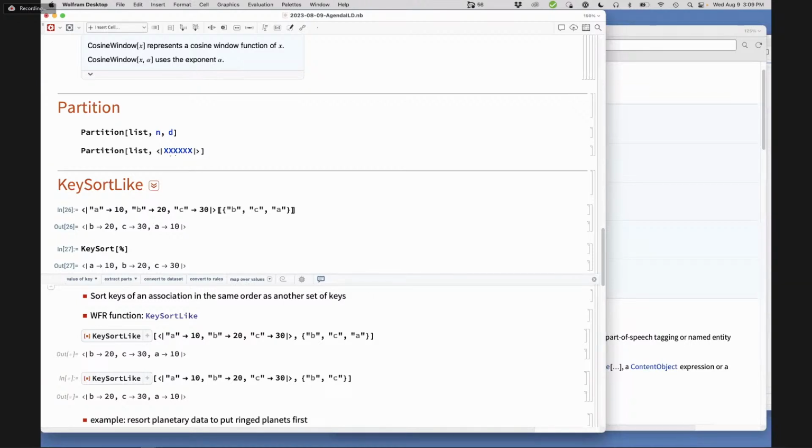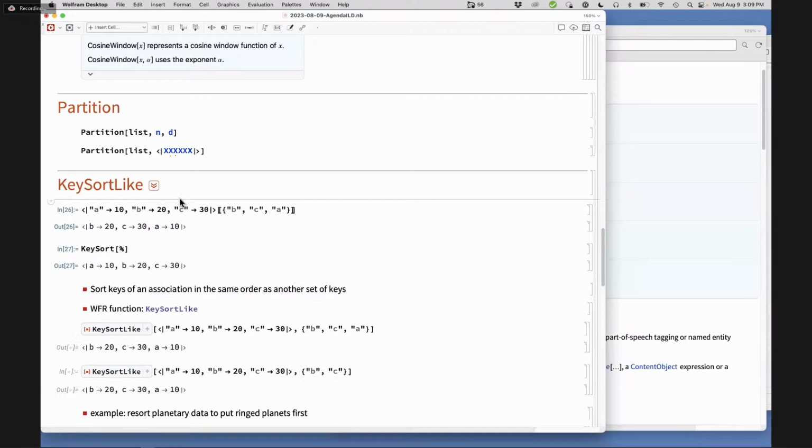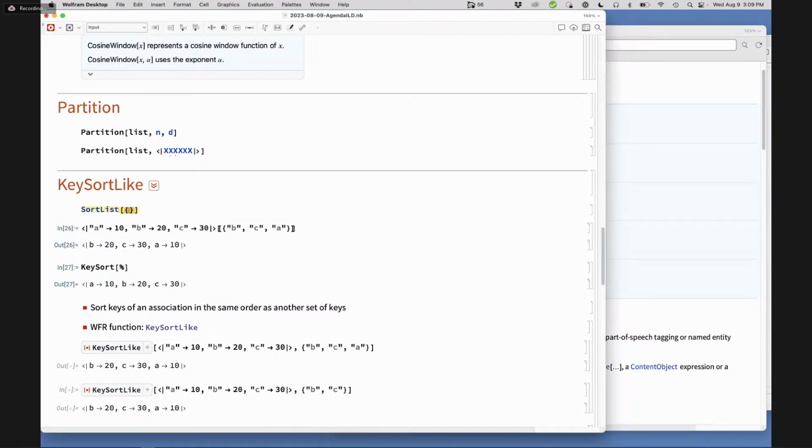So I could perfectly well say, if I said sort like of underscore integer underscore real, it would potentially sort all the integers before the reals. Oops, I meant sort like. Does that make sense? Preserving the pre-existing order where possible.